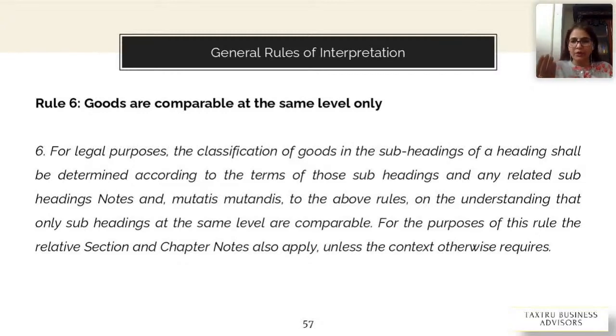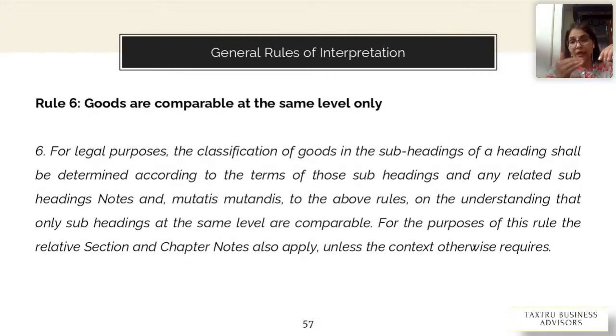Let's say I'm comparing two things, but that chapter note itself excludes that particular good from that chapter, then I cannot compare. So I have to see the chapter notes, the section notes, and only if they are both in alignment can I compare the goods. Let's say one of my sections is excluding that particular good.